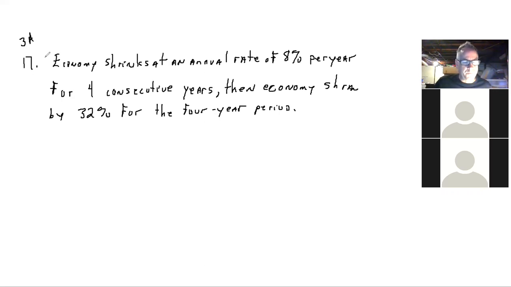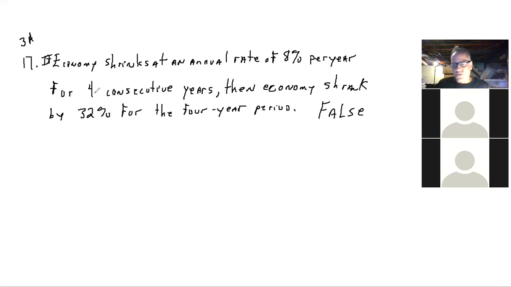All right, so the statement: if the economy shrinks at an annual rate of 8% per year for 4 consecutive years, then the economy shrank by 32% for the 4-year period. So this statement is false.